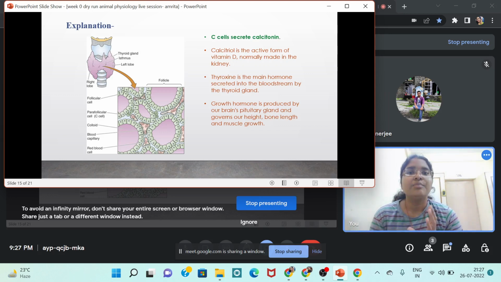Thyroxine is a main hormone secreted by the thyroid gland, but not by the C cells. Growth hormone is produced by the pituitary gland, which regulates our height, bone length, and muscle growth. So all of you know why the rest of the options are incorrect and why calcitonin is the right answer.